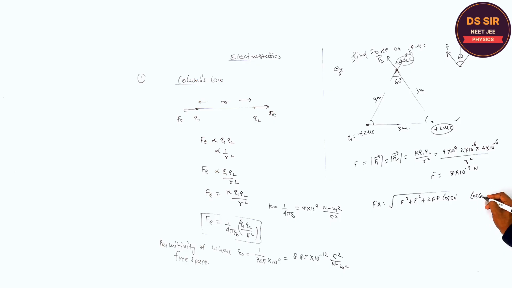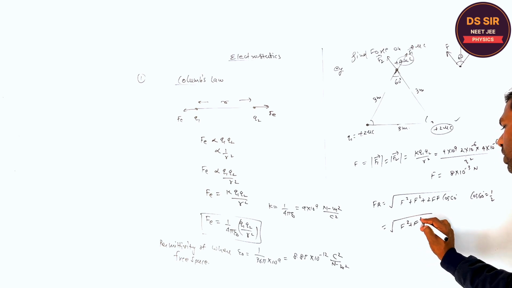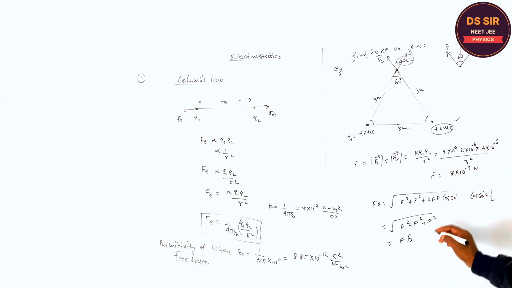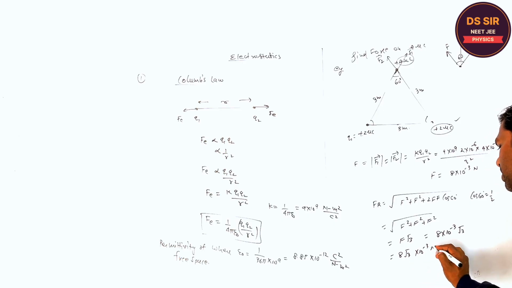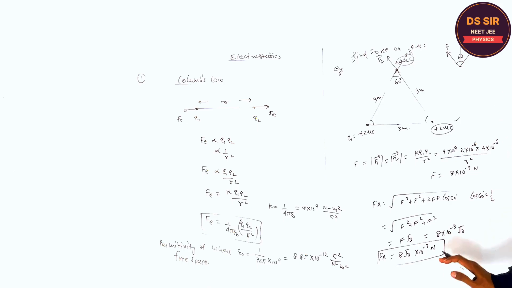The value of cos 60 is what? 1 by 2. So it will cancel out. So this is F square plus F square plus F square, equal to F root 3, and the value of F comes to be 8 into 10 to the power minus 3 Newton. So the answer is 8 root 3 into 10 to the power minus 3 Newton. Right? This is the resultant force. Copy this.